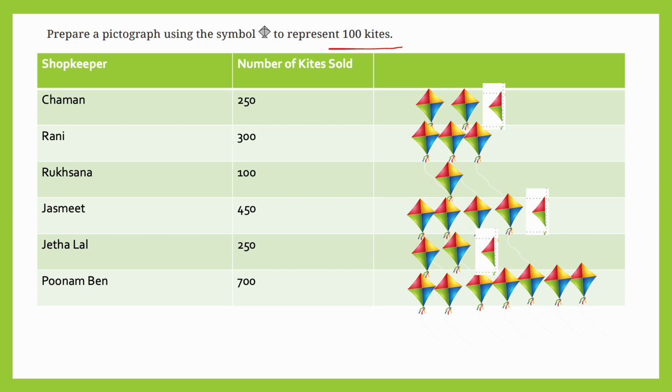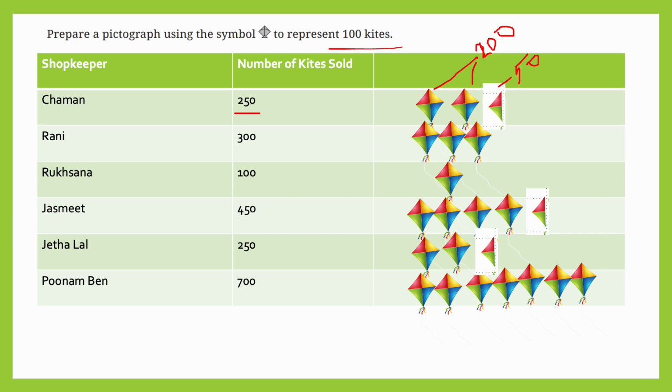So, here, Chaman, how many kites were sold to Chaman? 250. So, 2 full kites, it represents 100 into 2, that is 200. Then, 1 half kite, it represents 50. So, total 250.